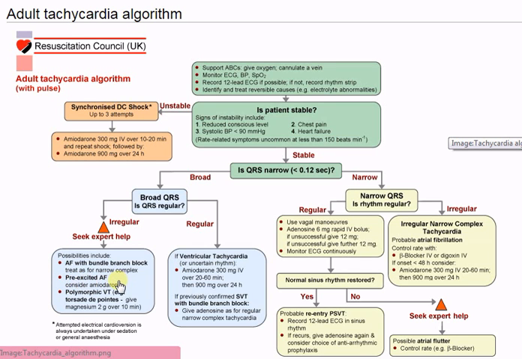It's really dangerous for the patient if we use adenosine or digoxin. Really dangerous. So we just need to remember that always use amiodarone in broad QRS with irregular QRS complex.